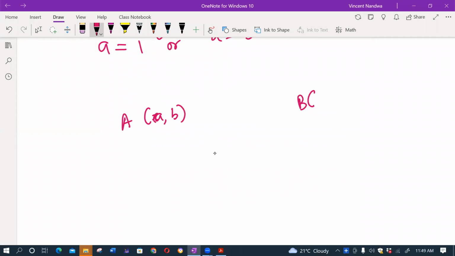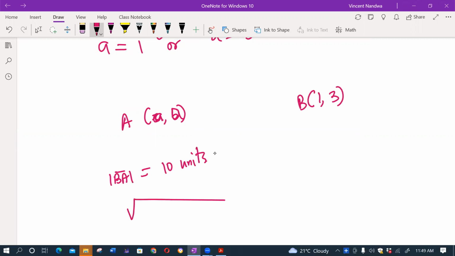So if abscissa is A, ordinate is A. And point B is (3, 1). Distance AB is given as 10 units. So what are the coordinates of A?